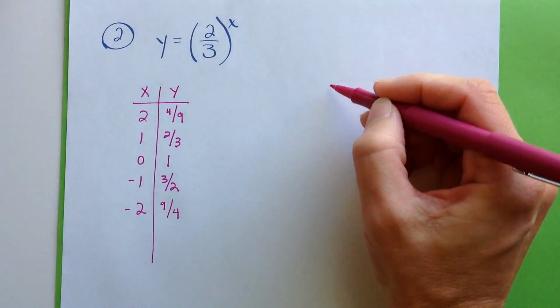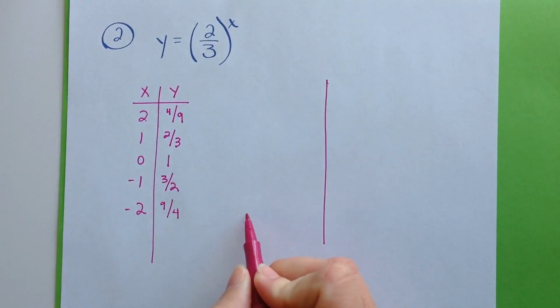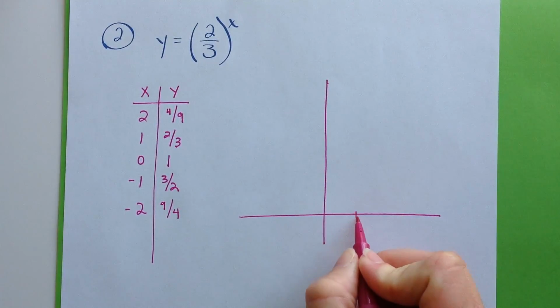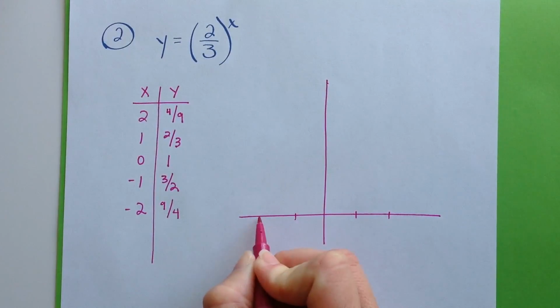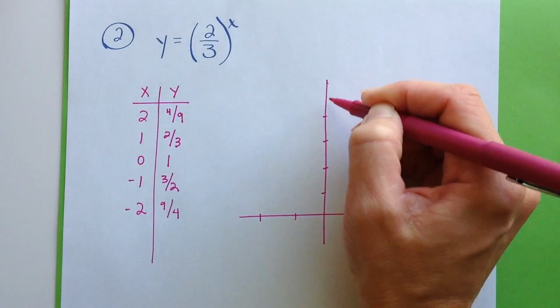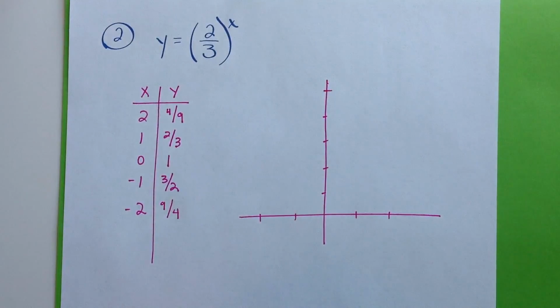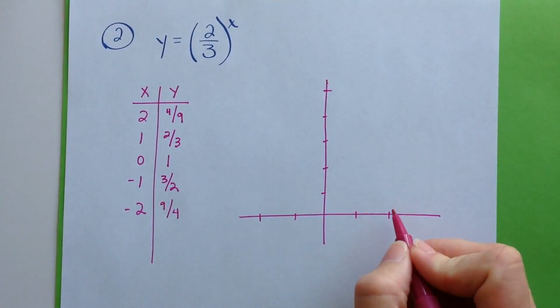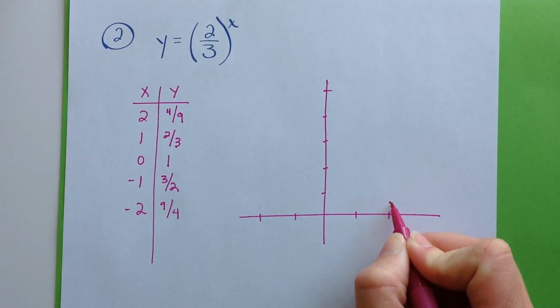Okay, so graphing this one. Now as far as the fractions there, obviously when you go to plot these points, you'll want to do a decimal approximation. So when you plot the point 2 and 4/9, 4/9 is just a repeating 4, so it'd be pretty close to halfway right here.